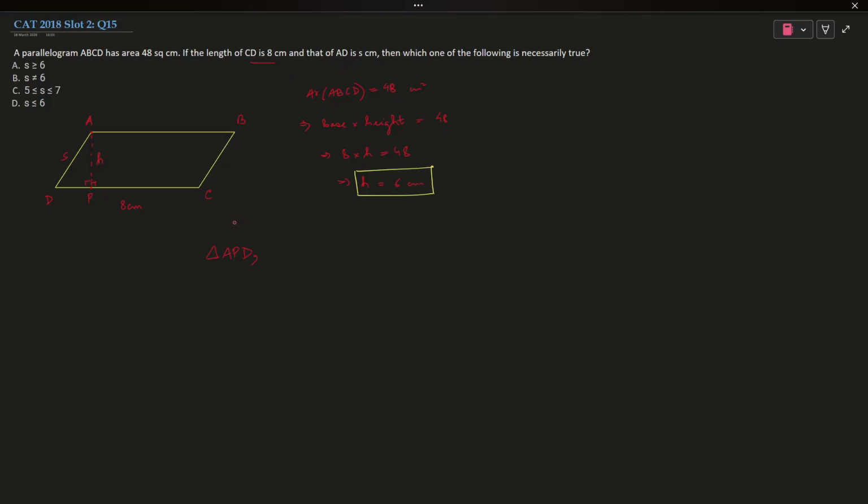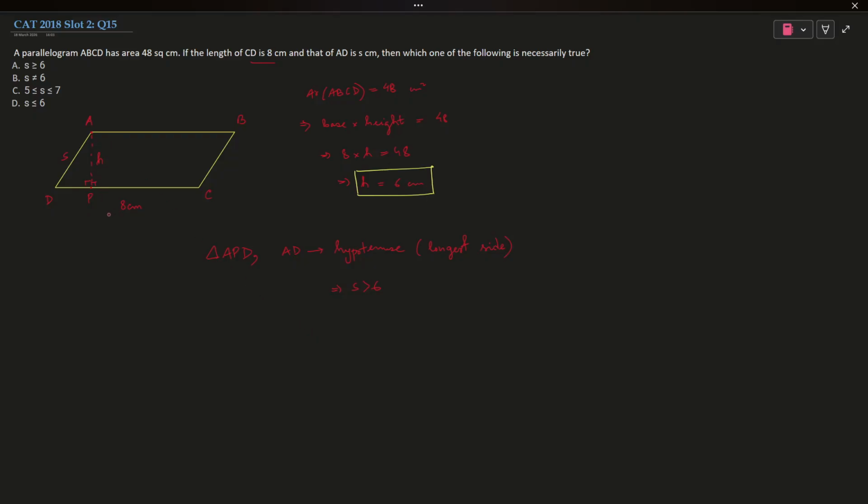In a right angle triangle, AD is the hypotenuse, and the hypotenuse is the longest side. That means I can say S is definitely greater than 6.